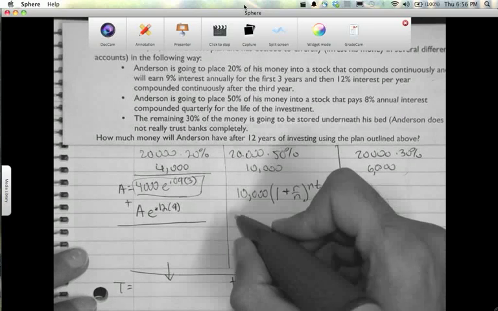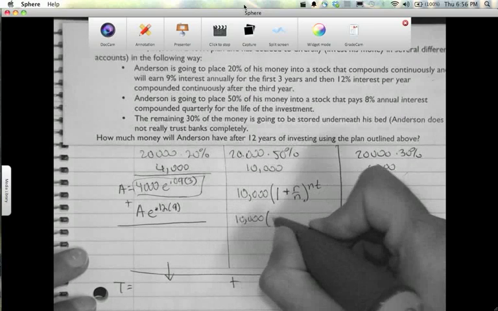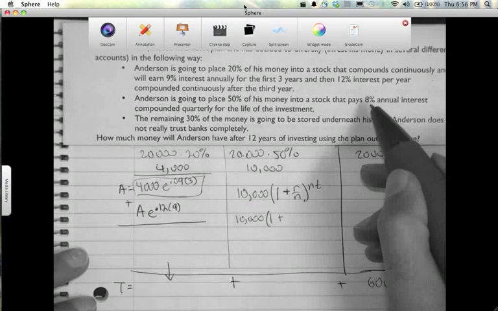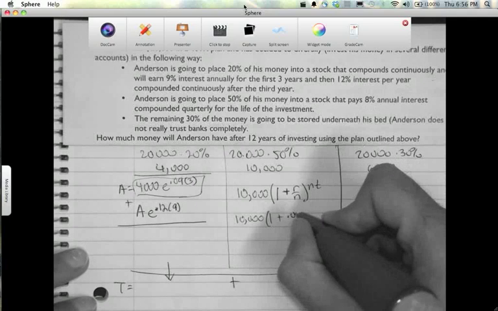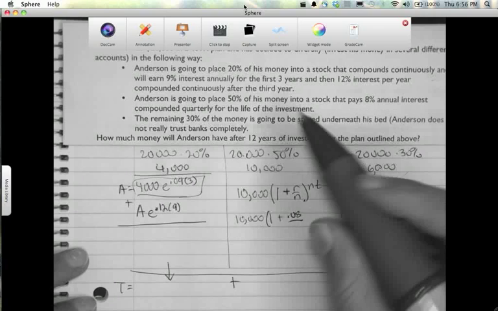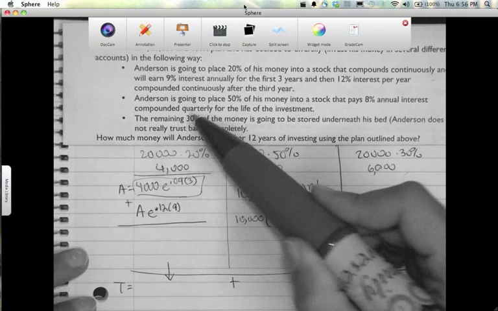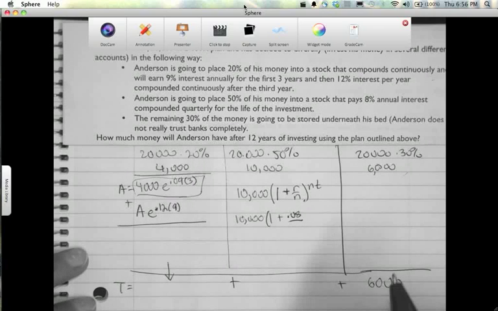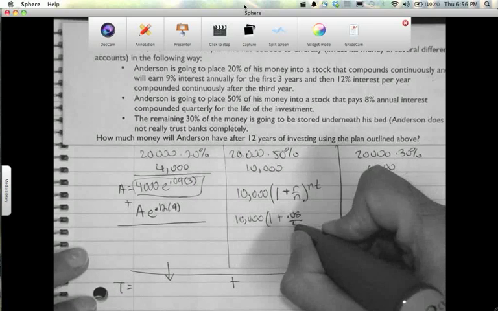So it's 10,000 times 1 plus the rate is 8%, all over N. Well, N represents how often this money is being compounded. It's quarterly. Quarterly is how many times per year? Good, 4 times per year.